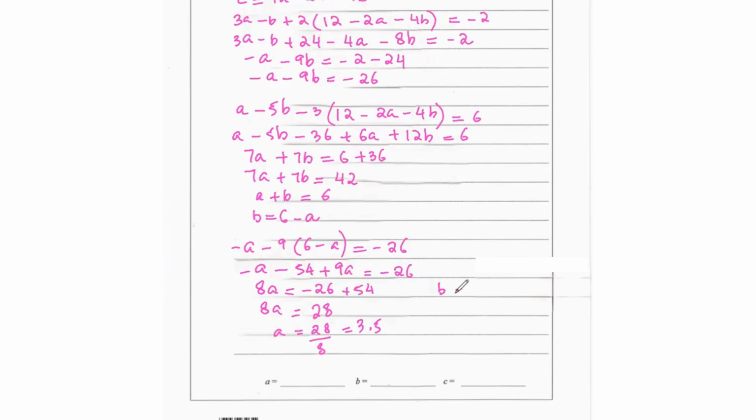So b is going to be 6 minus 3.5, which is 2.5, and c is going to be 12 minus 2 times 3.5, and then minus 4 times 2.5, which gives us negative 5. So a is 3.5, b is 2.5, c is negative 5. These are your answers.